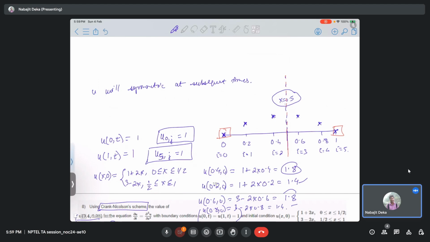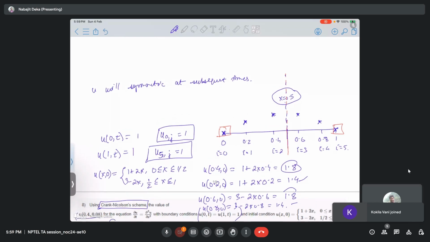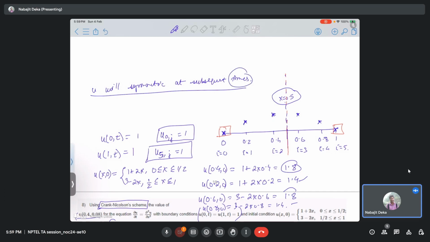So what does that mean? What does the symmetry of the problem give us? That at all times the system is remaining symmetric.